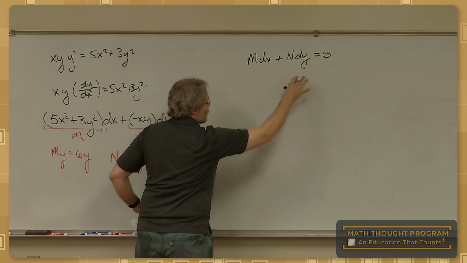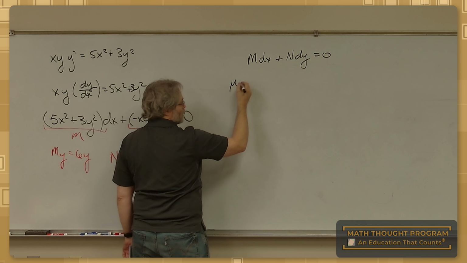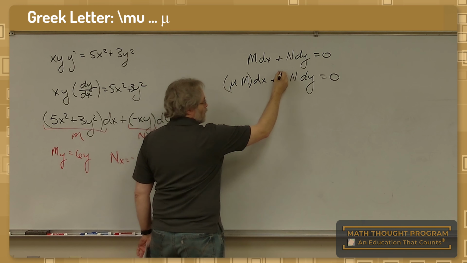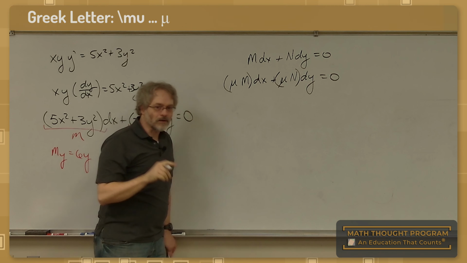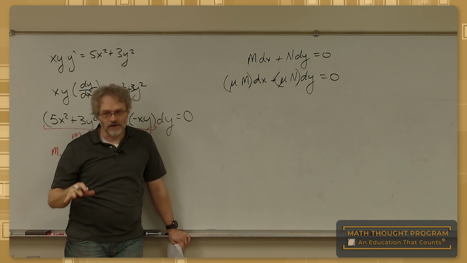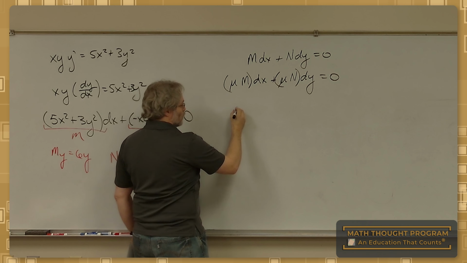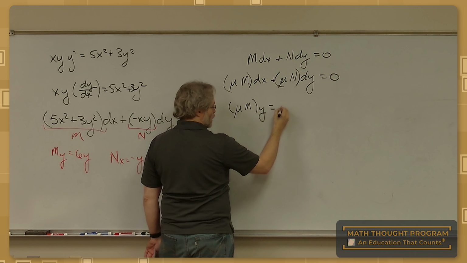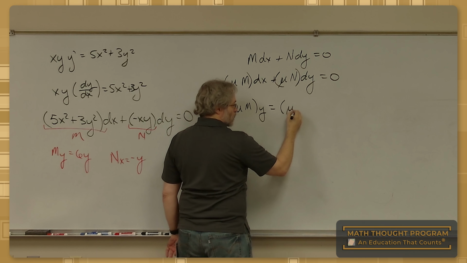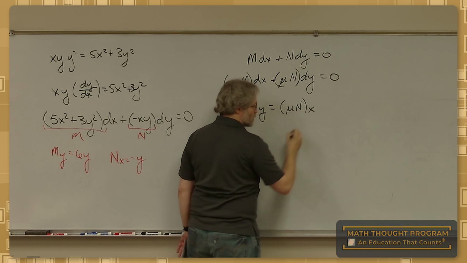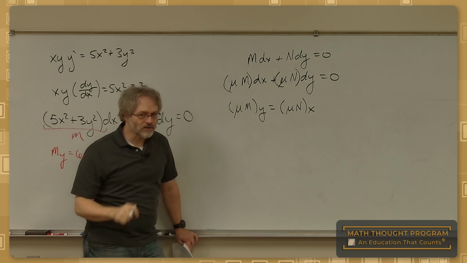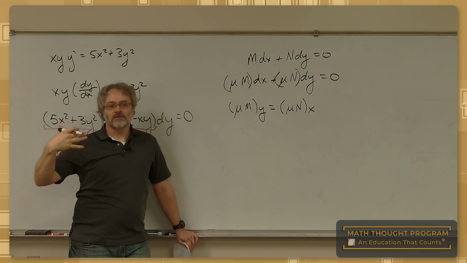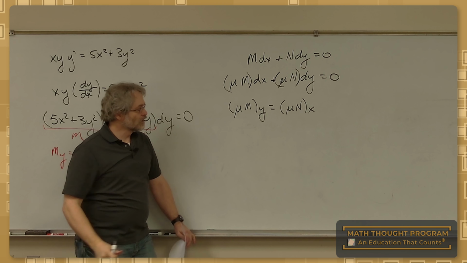So what would happen if I multiplied everything by, instead of saying u, let's say mu? And what I want is for mu to be the just right function so that when we take the partial in terms of y, we will get the partial over here in terms of x. That's the goal, because then I have an exact differential equation, which we can go ahead and solve.